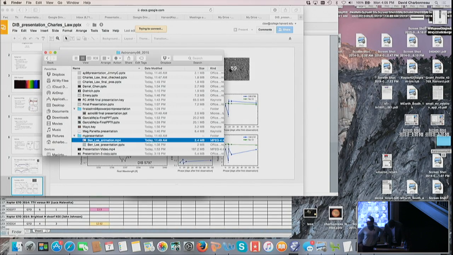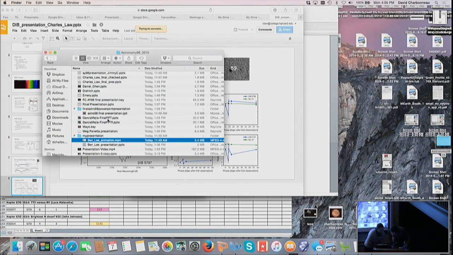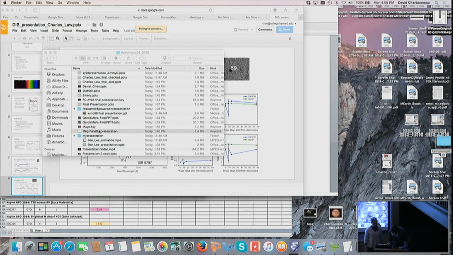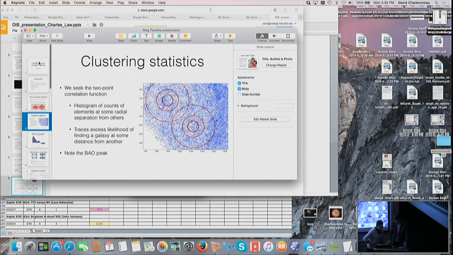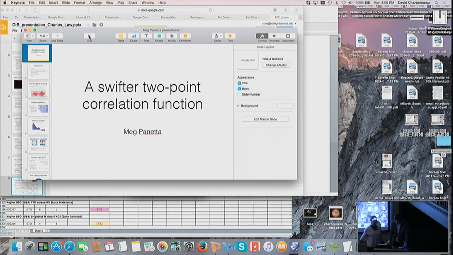Did we rename? Yeah, it says Meg there. That would be nice.